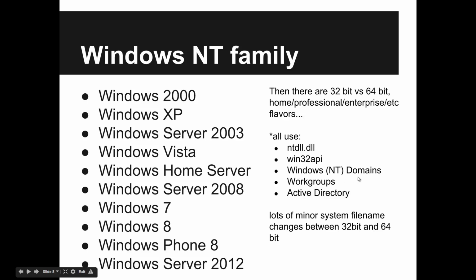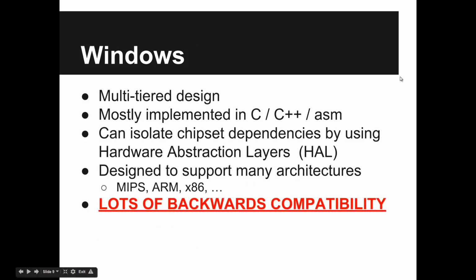They all handle Windows NT domains similarly, as well as workgroups, and typically have some Active Directory features. Windows has always been a multi-tier design with multiple layers in kernel space as well as user land. It's mostly implemented in C and C++ with the lower level kernel stuff happening at the assembly level.